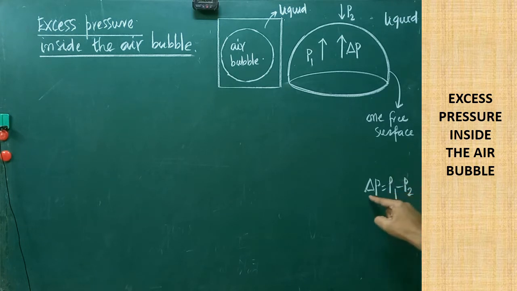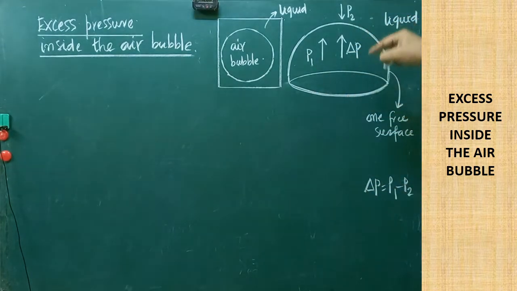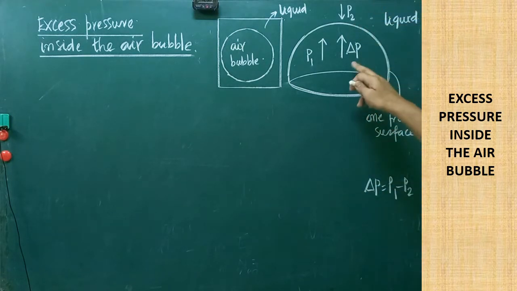That difference gives you the excess pressure. Both P1 and del P are acting in the same direction and P2 is acting on the surface from outside. This excess pressure expression is to be derived, that is our aim.